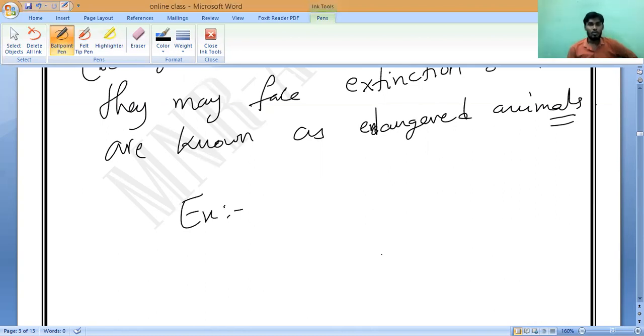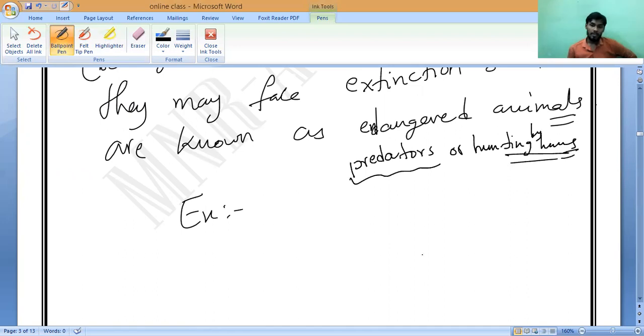So the count becomes less because of killing by predators, or hunting by humans.